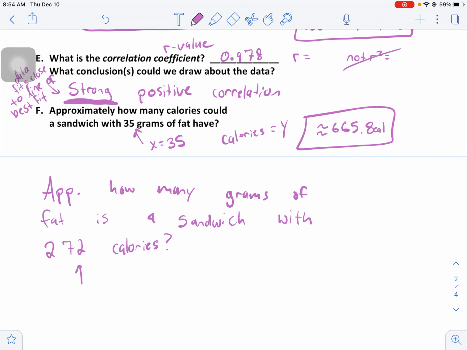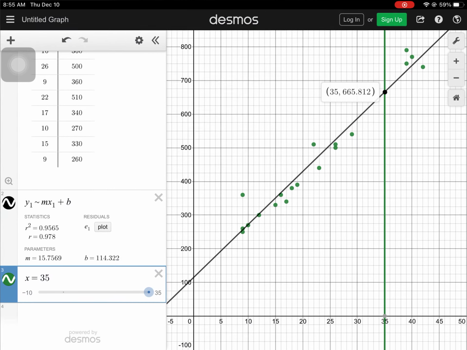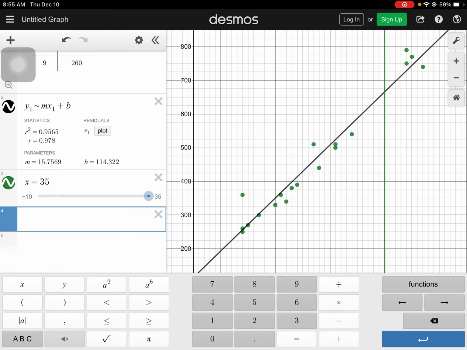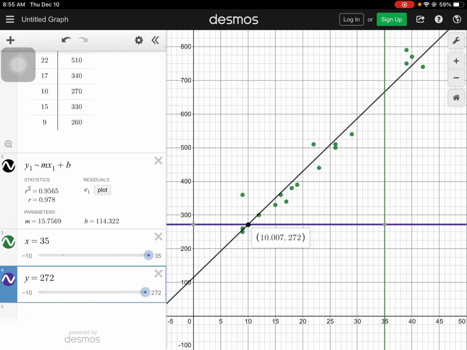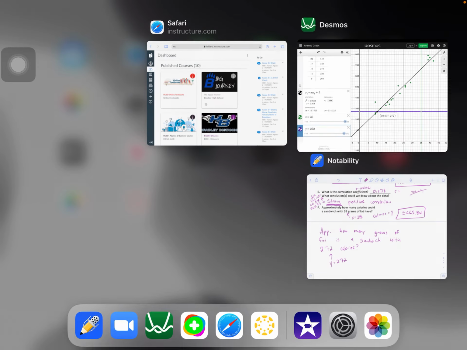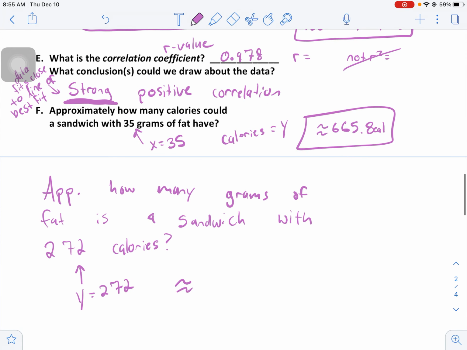Now we need to say, okay, we know that y equals 272. So we're going to go to our graph. We're going to type in y equals 272. And then bam, right there. Approximately 10 grams of fat. So approximately 10 grams of fat.